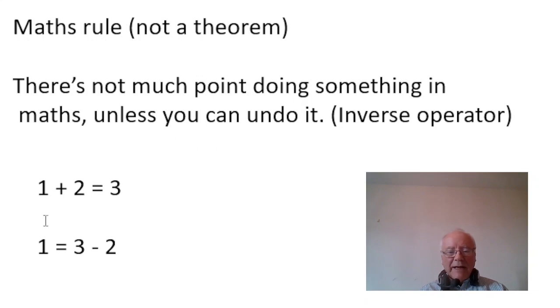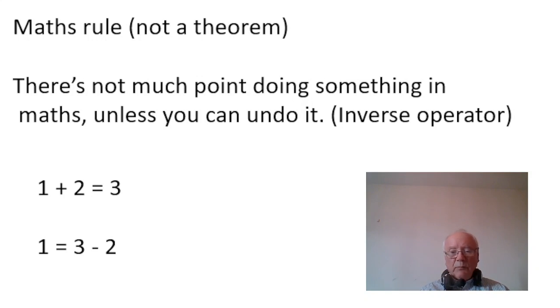So if we have 1 plus 2 equals 3, and we've introduced this symbol for 3, then we can turn this around and say, well, 1 is equal to the 3, which is the answer, minus 2, and the minus is our inverse operator for addition, otherwise known as subtraction.